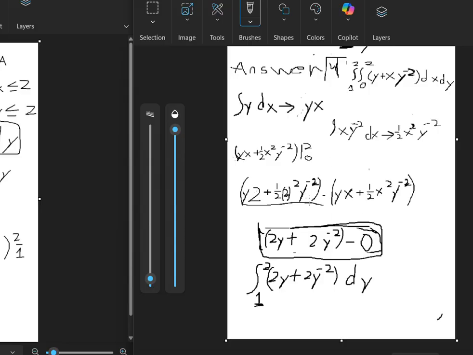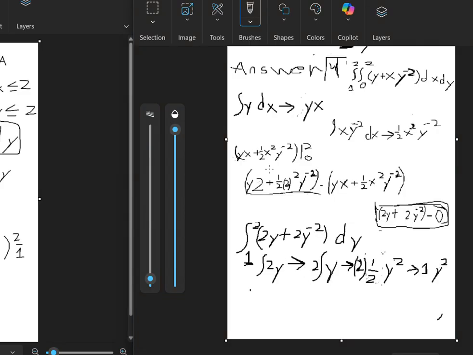And then as we did with the X, we start with the antiderivatives. 2Y will be just Y to the 2 power plus. Now this one is where I have a problem. And I'll pause.